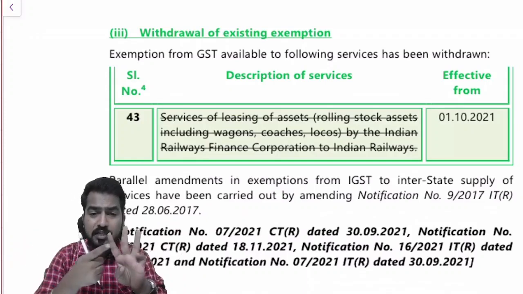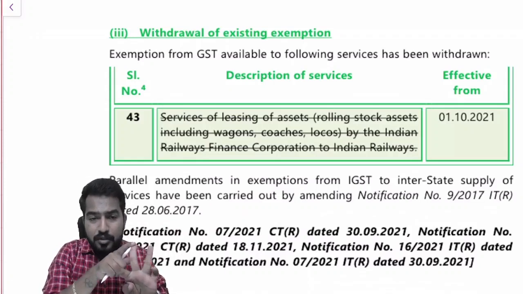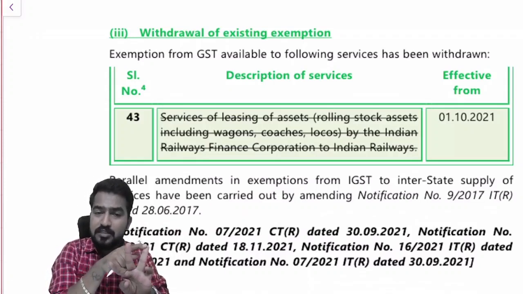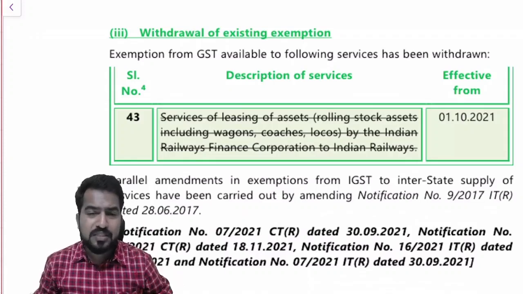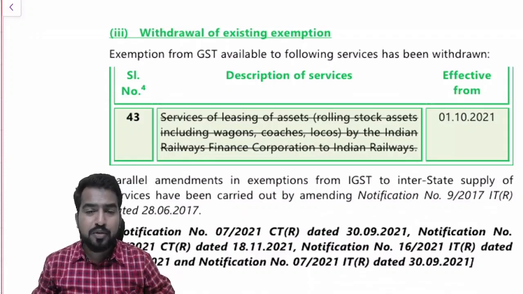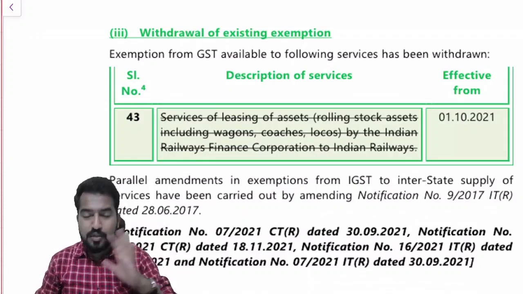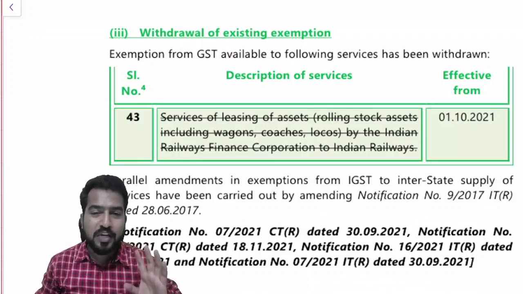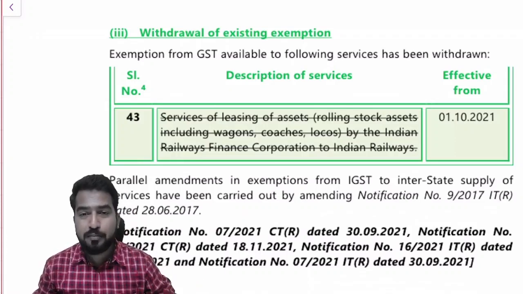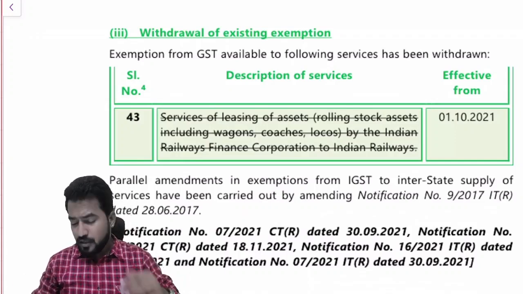Exemptions we have discussed: the exemptions which got amended, the exemptions newly introduced, and the exemptions withdrawn. So new exemption, only one, 61A. Exemption withdrawn, only one, entry 43, that has been withdrawn, my dear friends. That means now this is taxable. It is clear for you. And these are the only amendments which are there in your chapter number 4, exemptions. Hope you are feeling it very easy.